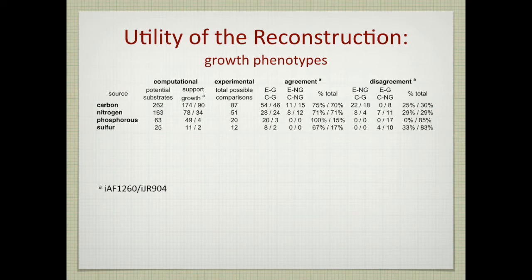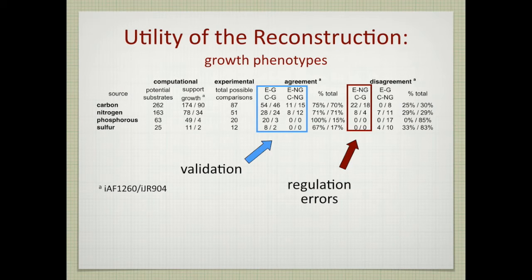And then what one does in validating models like this, you look at when there's experimental growth and computational growth, and when that matches, and when there's experimental no growth and computationally no growth. So these are the predictions that are true. Then there are the errors or the mispredictions. Sometimes you predict that an organism is growing when it's not. So there is some constraining process that prevents growth.